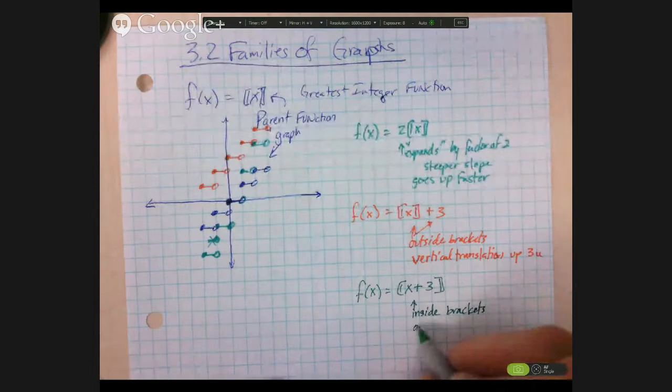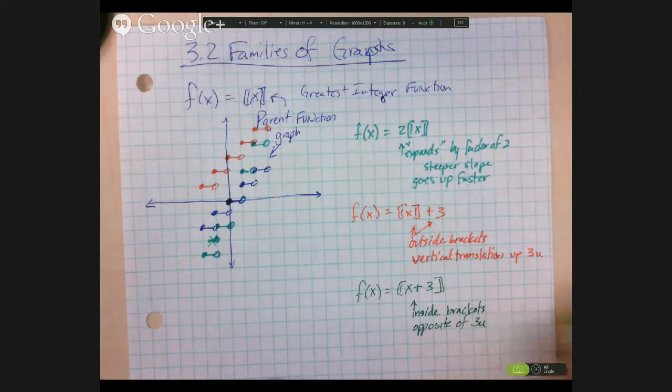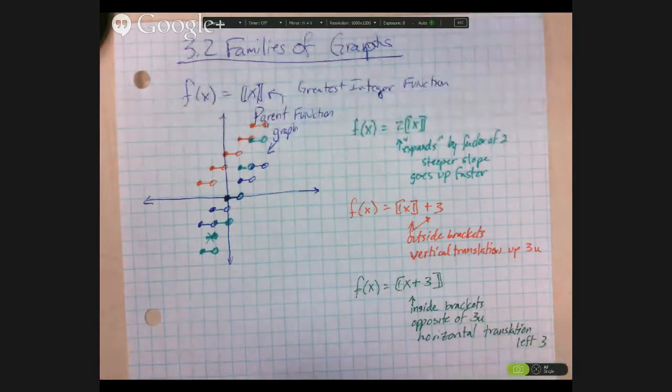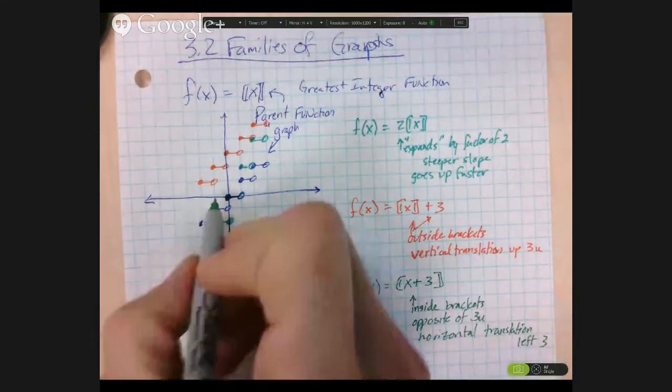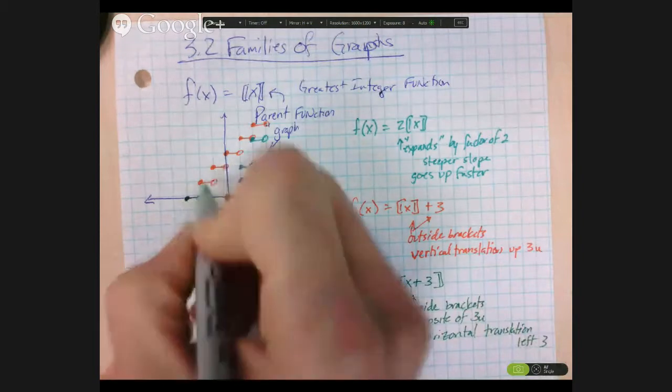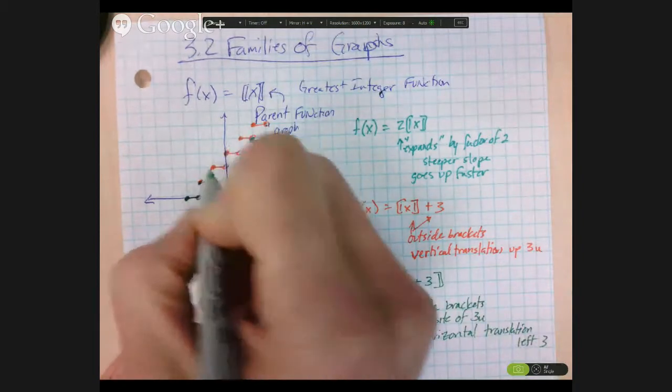Be careful here because it's the opposite of 3 units. It's a horizontal translation. Left 3 in this case. So I take the parent. Its new child is 3 units to the left. You'll notice some of these match up.